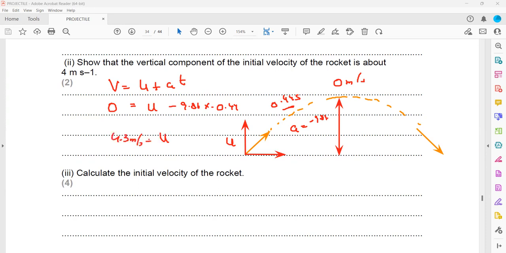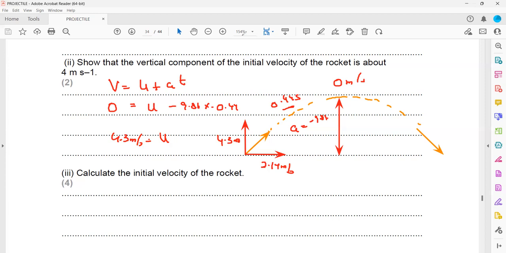So we calculated the vertical component, that is 4.3, and the horizontal component was 2.14, which we calculated in the previous part. Then calculate the initial velocity of the rocket.